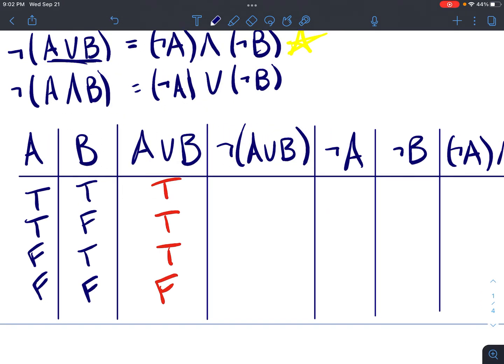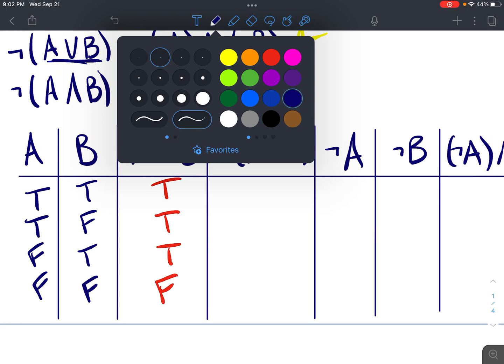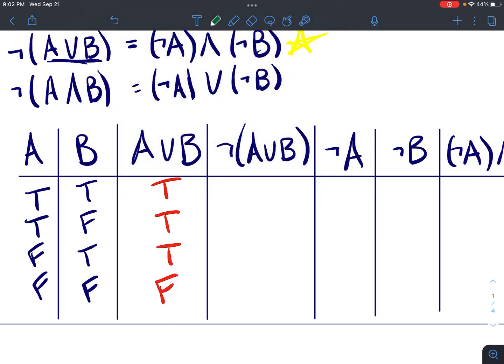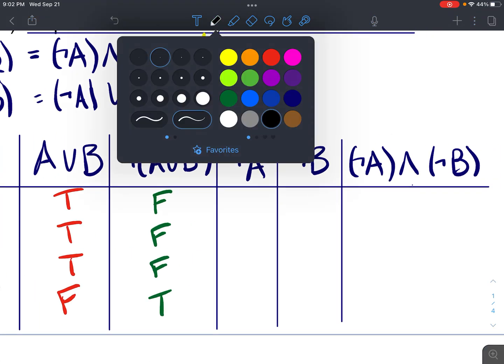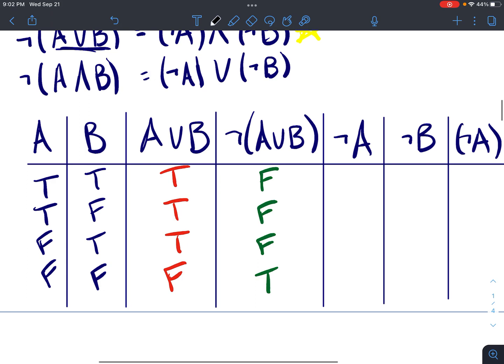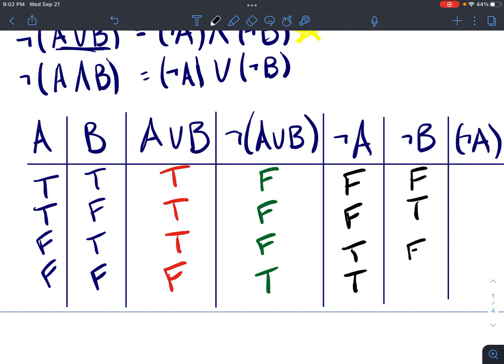And for and, we require both. Now, if I am going to say not (A or B), it's going to be the opposite. So it's false, false, false, true. It's the opposite of what we have. Okay? Now, we have not A and not B. So that's just going to be the opposite of A, then the opposite of B.